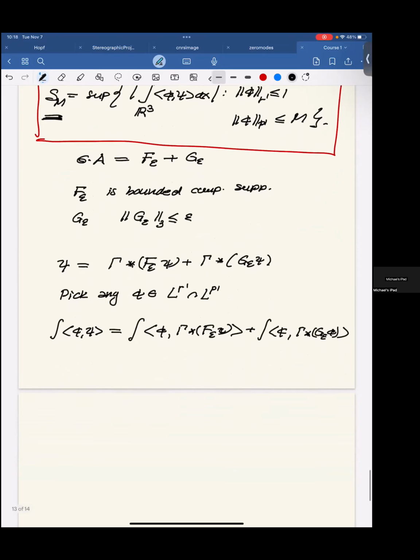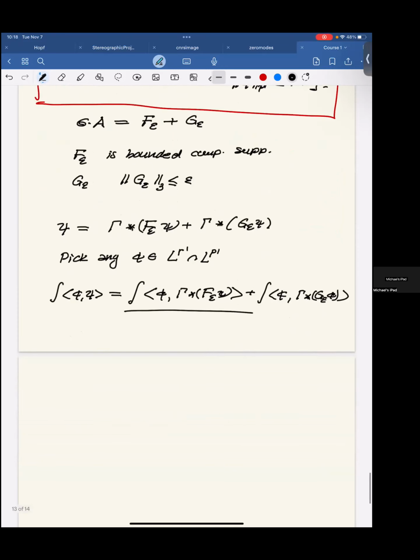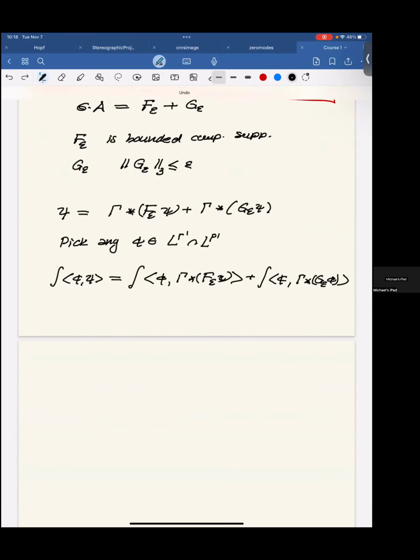So now let's concentrate on the first term. The second term I will talk about afterwards. Let's just call this one 1. Let's call this one 2. Term 1 is in magnitude less or equals. Well, you just use Holder.